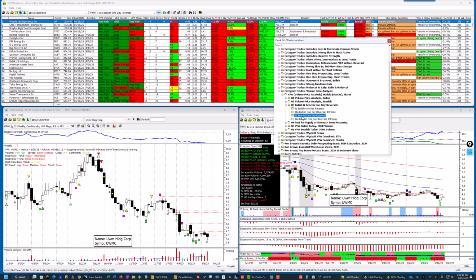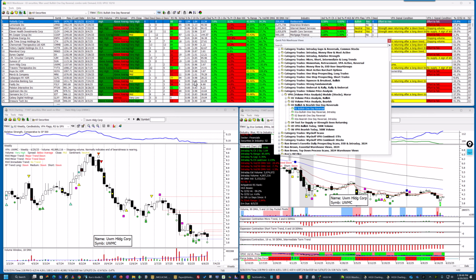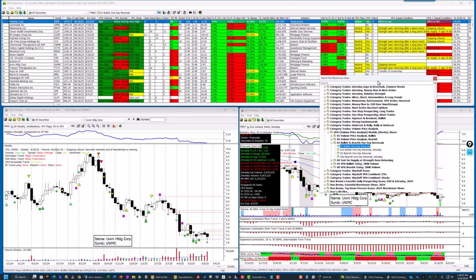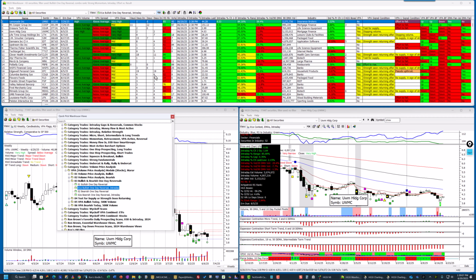Now the bearish one-day reversal, there are 47 and 47. So the filters are the same on both, but the intraday scan shows us which ones are following through the next day.